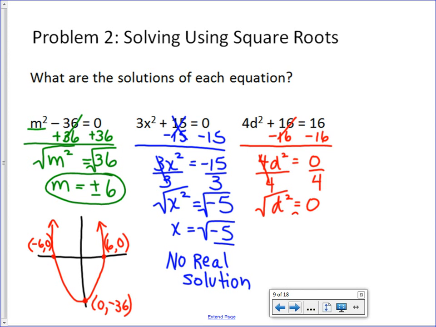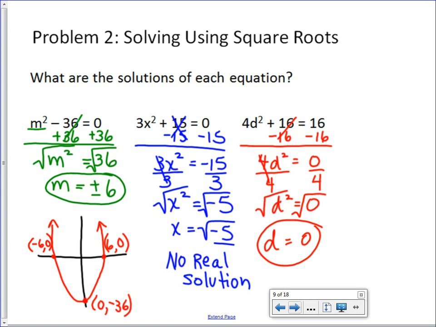And when I take the square root of each side, I get d equals 0. So notice we have an example here of one solution. That solution is 0. In green, this equation, we had two solutions. The middle equation in blue, no solution. And in red, on the right side, we had one solution.